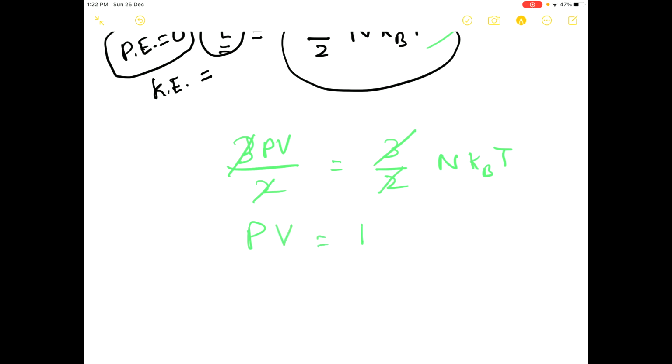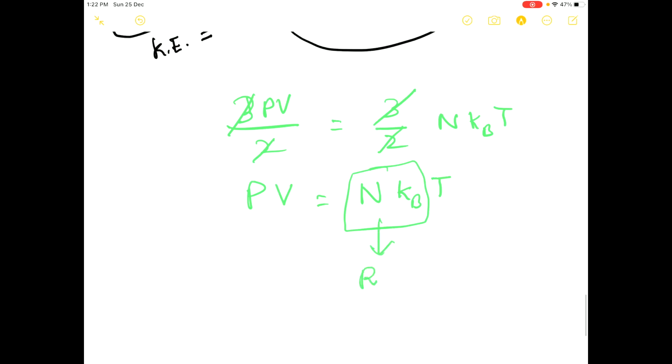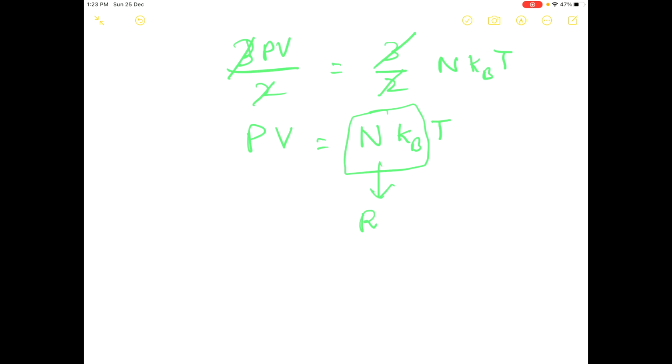PV is equal to nkbT, and nkb here is equal to R, which we have studied.